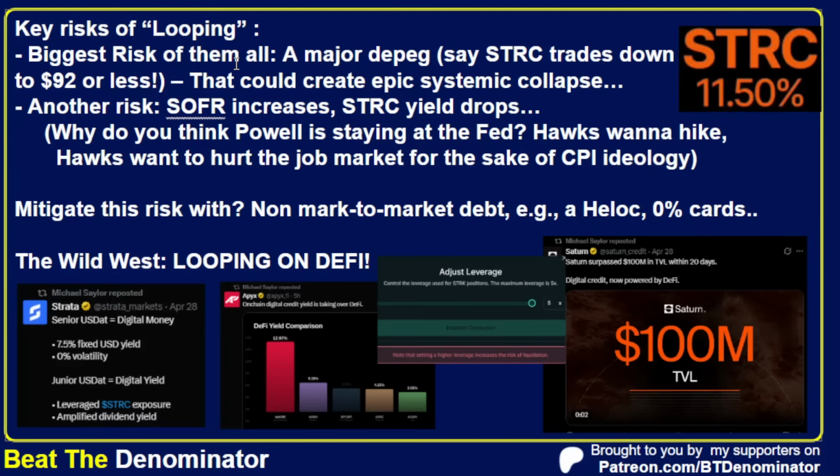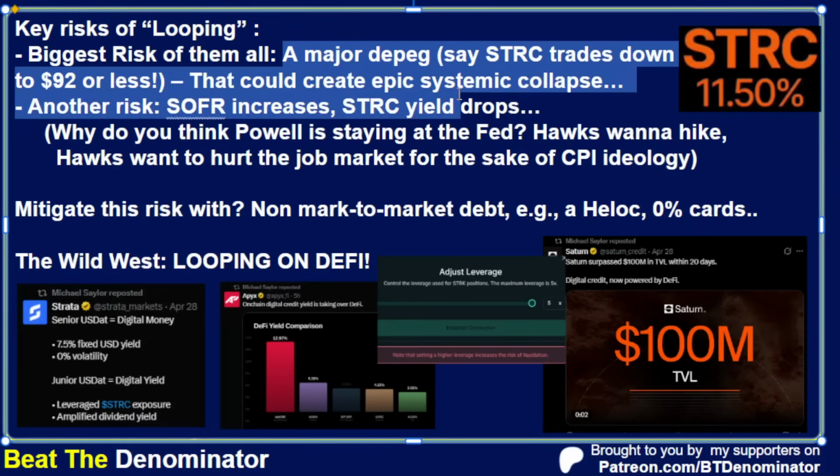So I see one very big risk and I see a smaller risk. One very big risk is liquidation on a major depeg. What if we had an end-of-the-world black swan type of event again, right? And STRC were to crash to 92 or 89. Well, if you're levered to the max, that could be enough for you to be liquidated.